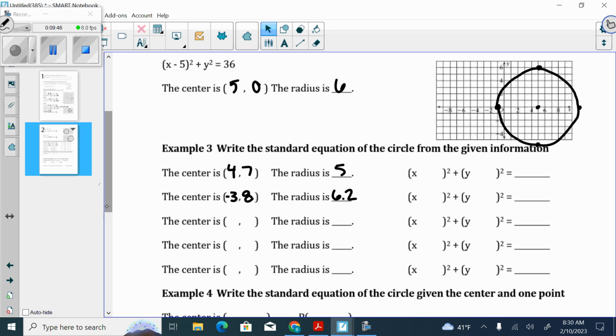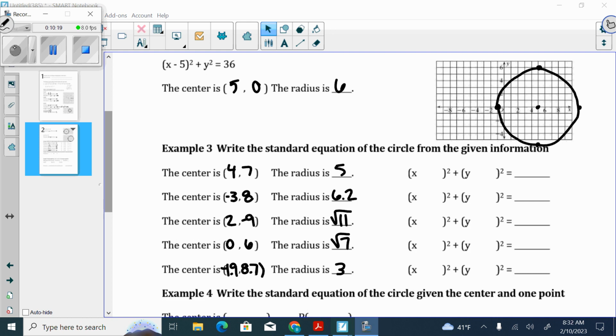The next one, the center is 2, -9, and the radius is square root of 11. For this one, the center is at 0, 6, and the radius is square root of 7. And for this last one, the center is at negative 1.9, 8.7, and the radius will be 3. So I'll give you a second to fill in the equations over there to the side.